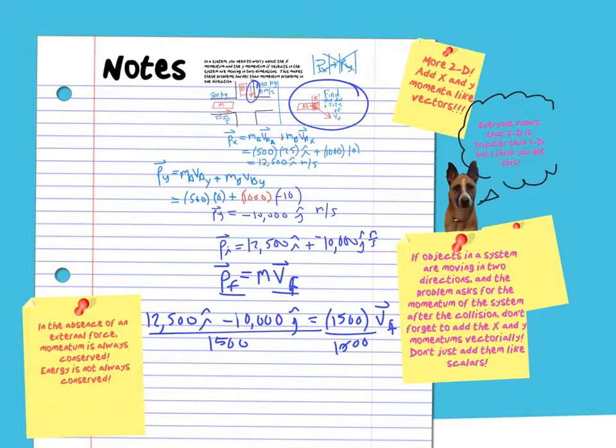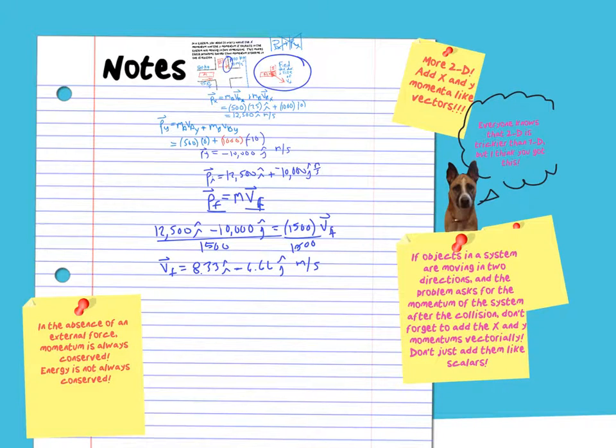All right, and since I already did the math for us, our final velocity vector is going to be 8.33I minus 6.66J meters per second.